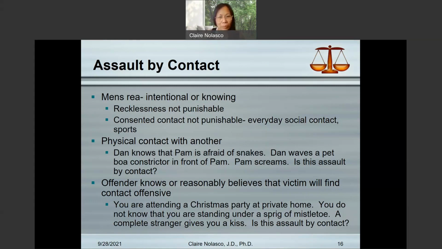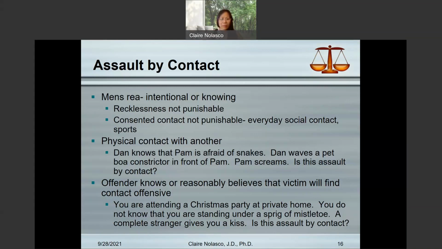Another example would be sports. For example, football, basketball, when the players engage in contact with one another, that is consented and it's not assault by contact. So there has to be physical contact with another, though. Let's look at this case. Dan knows that Pam is afraid of snakes.